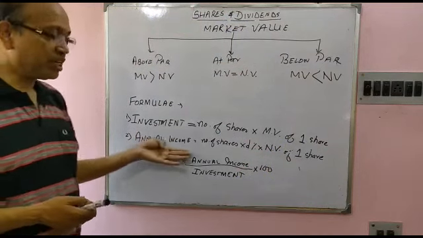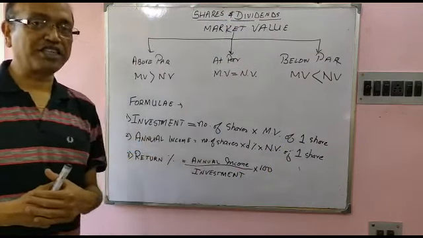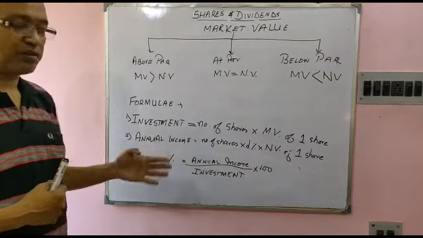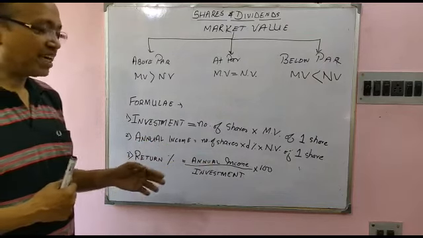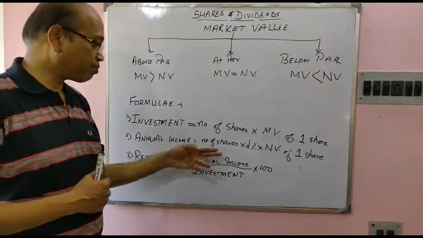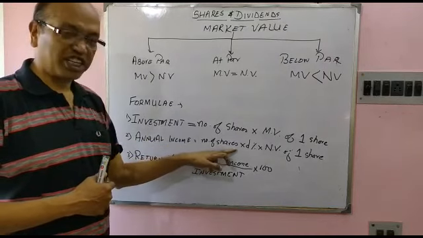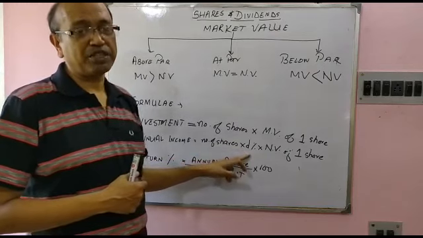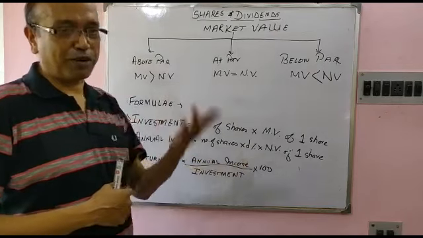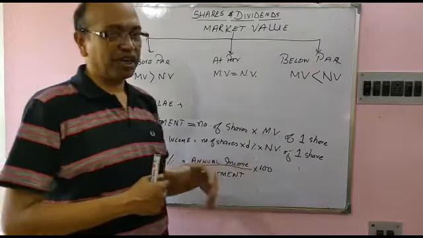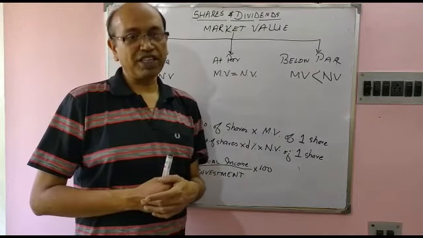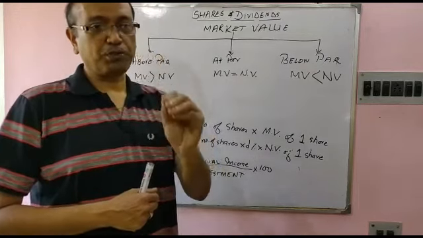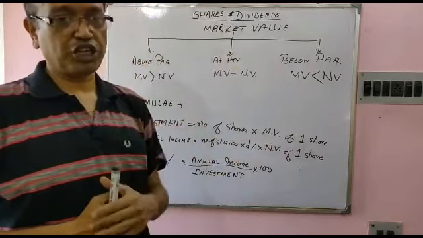Then annual income, which is also known as dividend, which I told you. How do we calculate it? It is the number of shares that you buy into D%. D% means the dividend percent, like profit percent. Every company, after earning a profit, says so much percentage will be given to the shareholders.